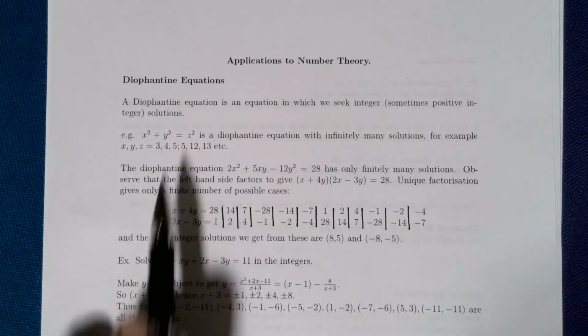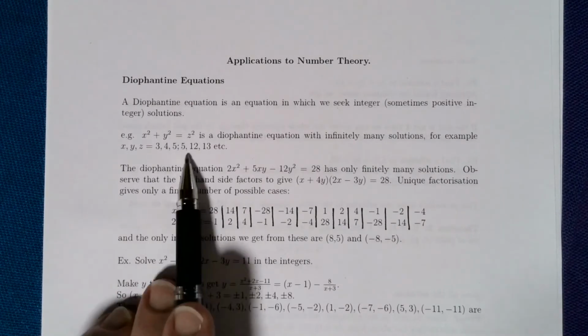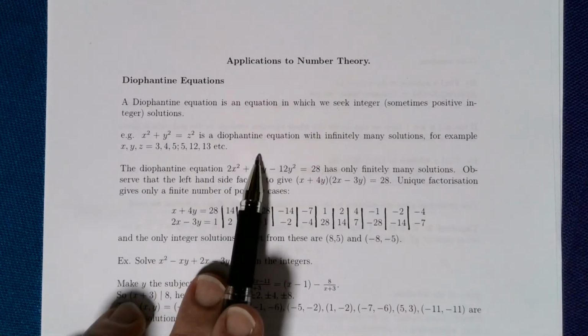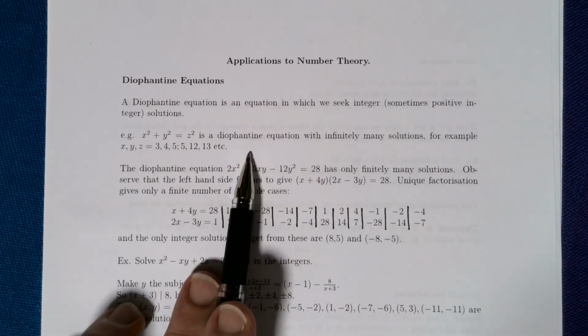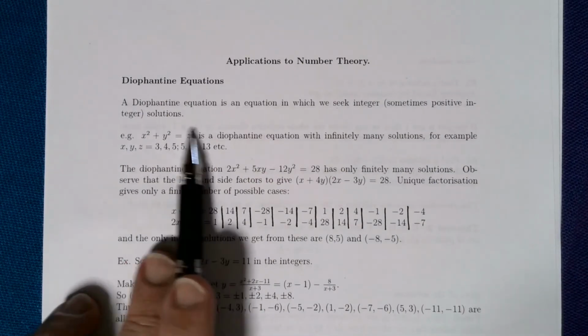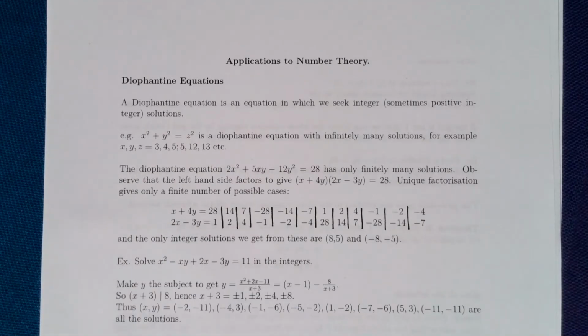So the famous 3, 4, 5, for example: 3 squared plus 4 squared is 5 squared, and 5, 12, 13: 5 squared plus 12 squared is 13 squared, 9, 40, 41, and so on. This has infinitely many solutions, and in a later video we'll actually find a formula for generating all of the solutions to this Diophantine equation.